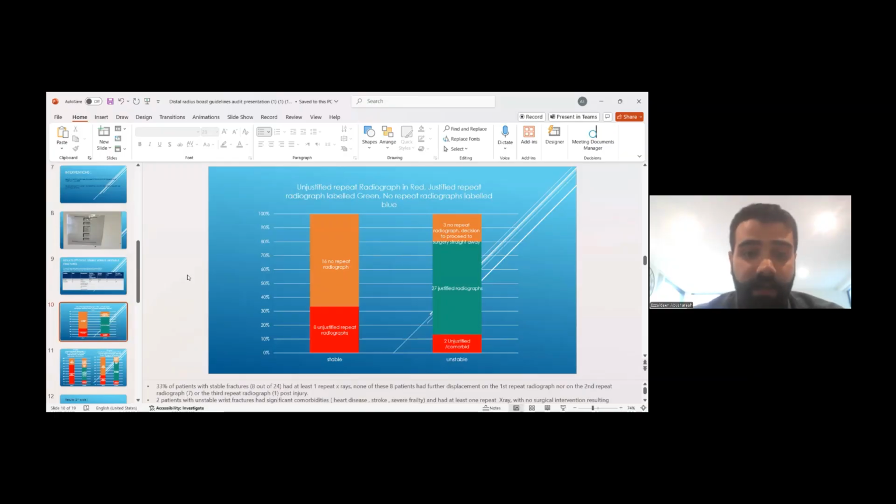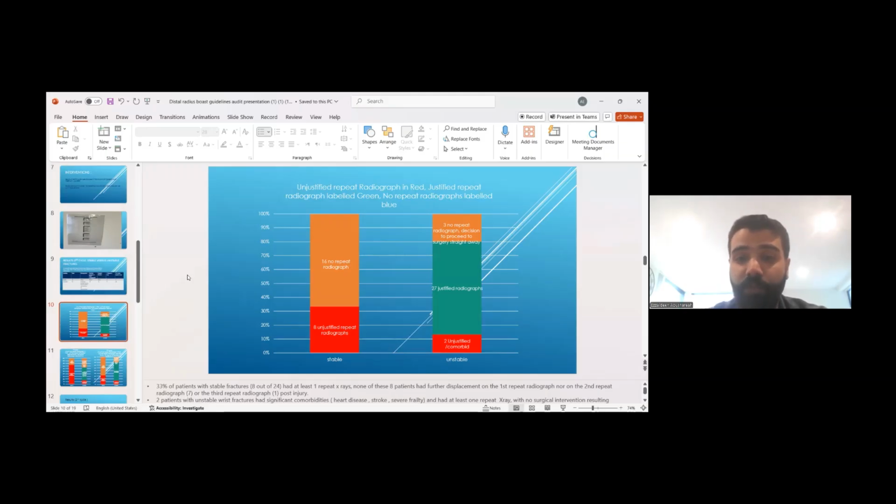As we said, we classified the fractures into stable and unstable. In the stable group, 8 patients had unjustified repeat radiographs and 16 patients had no repeat radiographs.